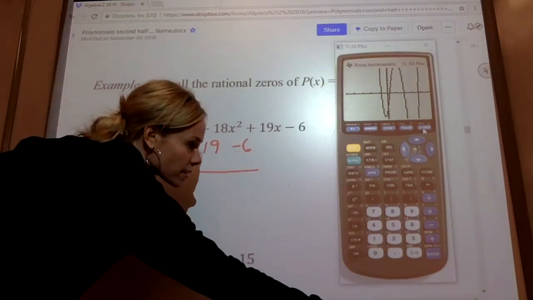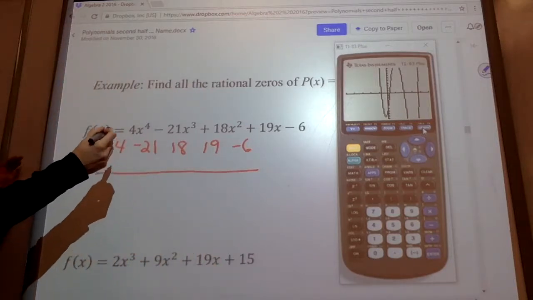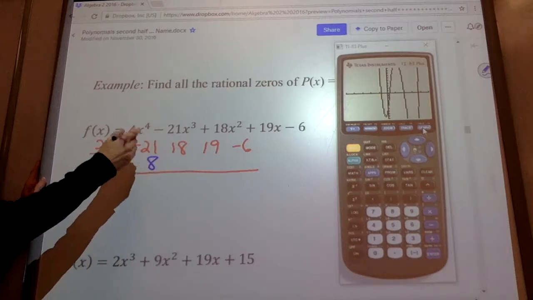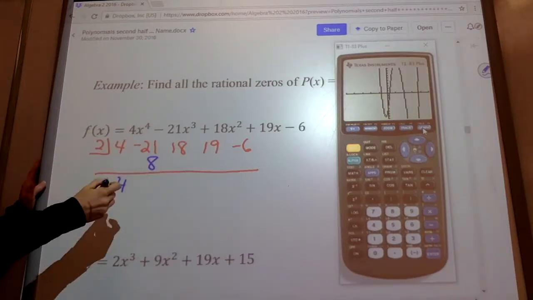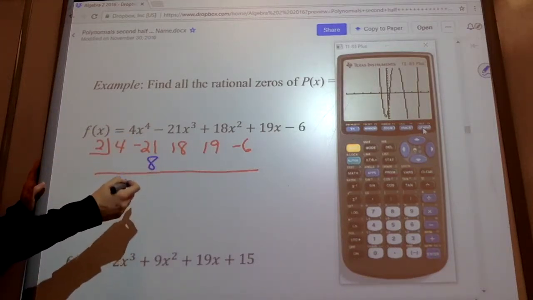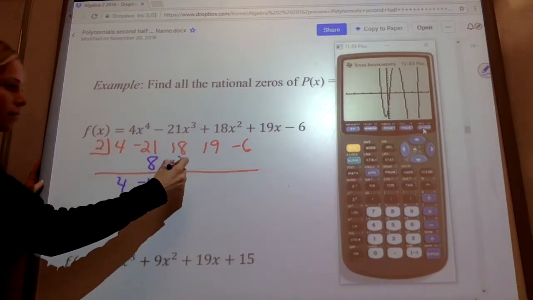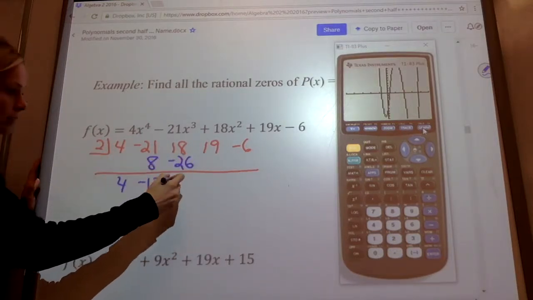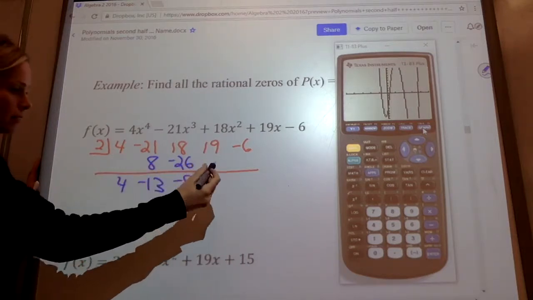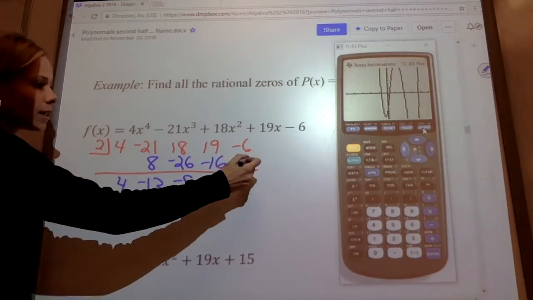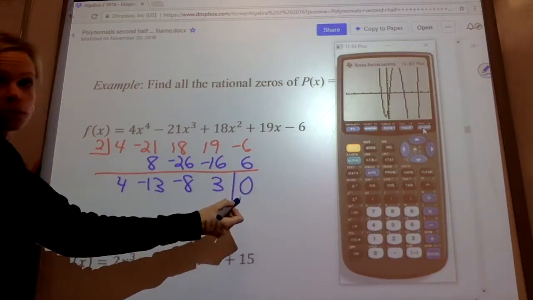Right? We should be pros at synthetic division now, right? We've used it a lot. Bring down the 4, multiply, add. 13, thank you. Multiply, add, multiply, add, multiply, 0 is the remainder.